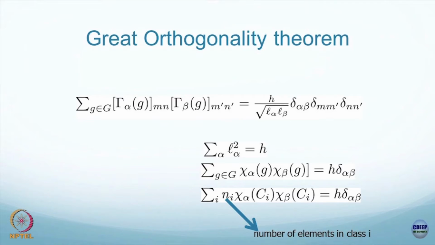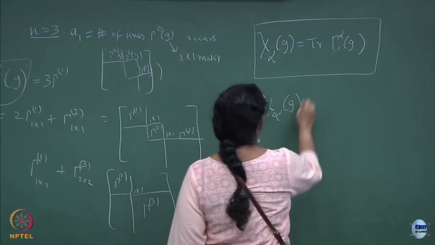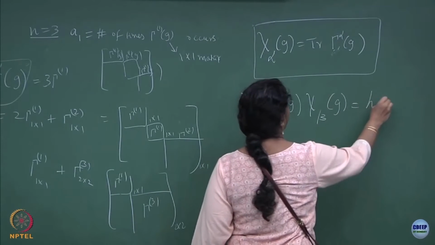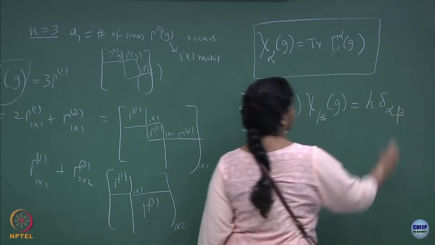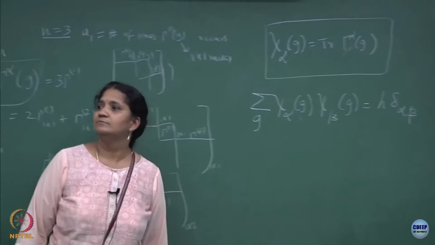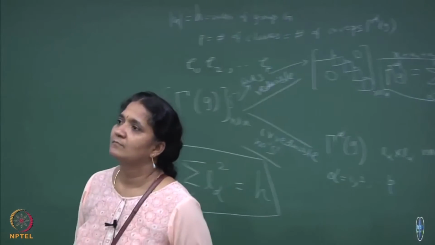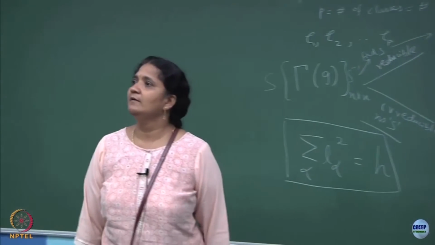So, you can play around with this great orthogonality theorem by taking a trace, and then you can derive summation over G, chi alpha of G, chi beta of G, to be equal to h times delta alpha beta. Is this clear? Are you all following?